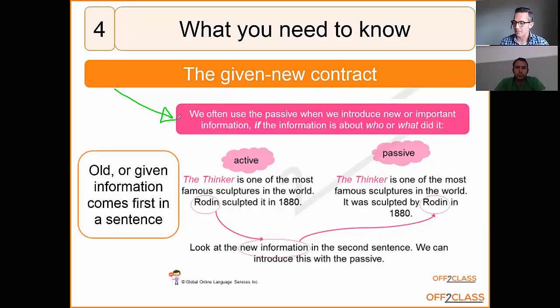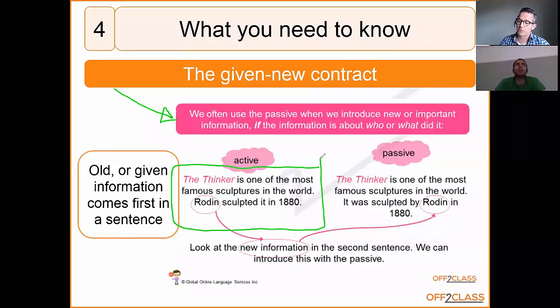So I've got an explanation up here that I give to students. We often use the passive when introducing new or important information if we are talking about who or what did the action. If you have a look on the left, we've got the standard active.